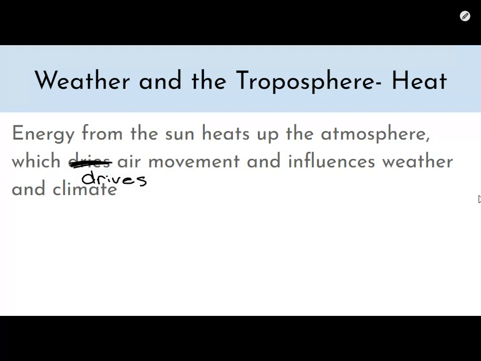And when hot air and cold air interact, that's where we get our more interesting weather patterns, which I will talk about in the next slide. But heat interacting in the troposphere is pretty important.